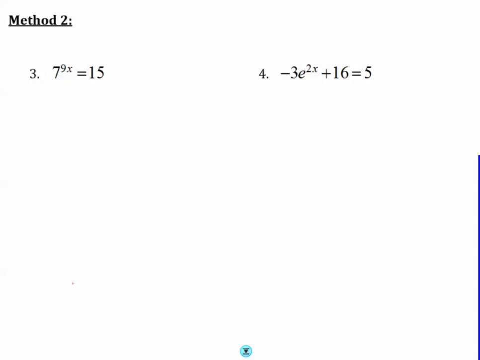Let's look at another type of problem. Here, if we try to make both sides have the same base, it's not possible. So in this situation, we need to rewrite as a logarithm. So if I have 7 to the 9x equals 15, there's no way that I can rewrite 7 and 15 to be the same base.